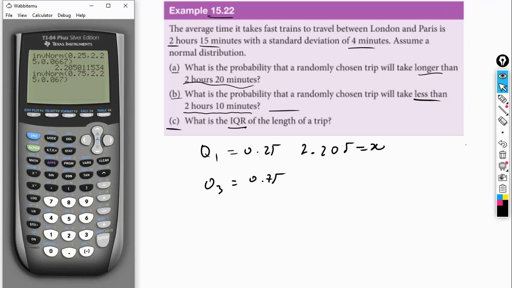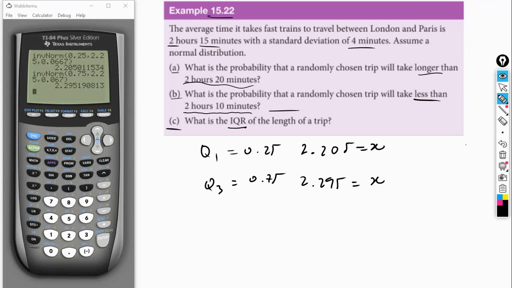We close parenthesis, hit enter, and here we get the value for x of 2.295. So this is the x value at the third quartile.